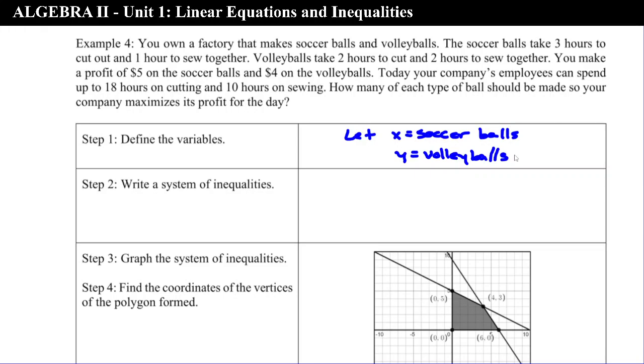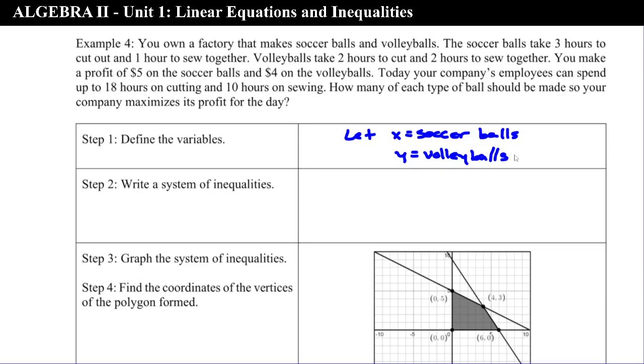Now here's where the challenging part comes in. We've got to write our system of inequalities. Well, when we do that, we've got to look at what information is given. Well, there are 2 pieces of information that are always going to be constrained because we're talking about time here. It takes so much time to cut the soccer balls. It takes so much time to cut the volleyballs. It takes so much time to sew each of them.